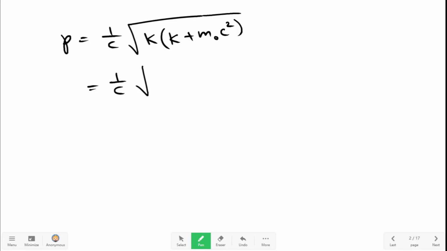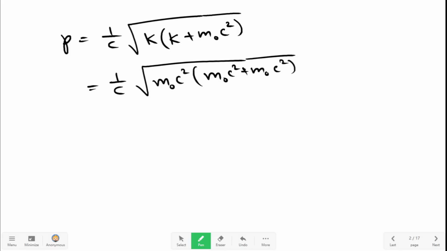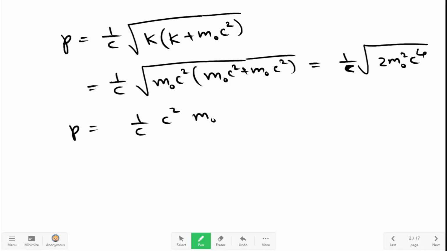So when you put the value of kinetic energy equal to m0 c square, the rest mass energy, therefore we have P is equal to 1 by c root of 2 m0 square c raised to 4. Or P is equal to 1 by c, c square m0 root 2, which is equal to root 2 m0 c.